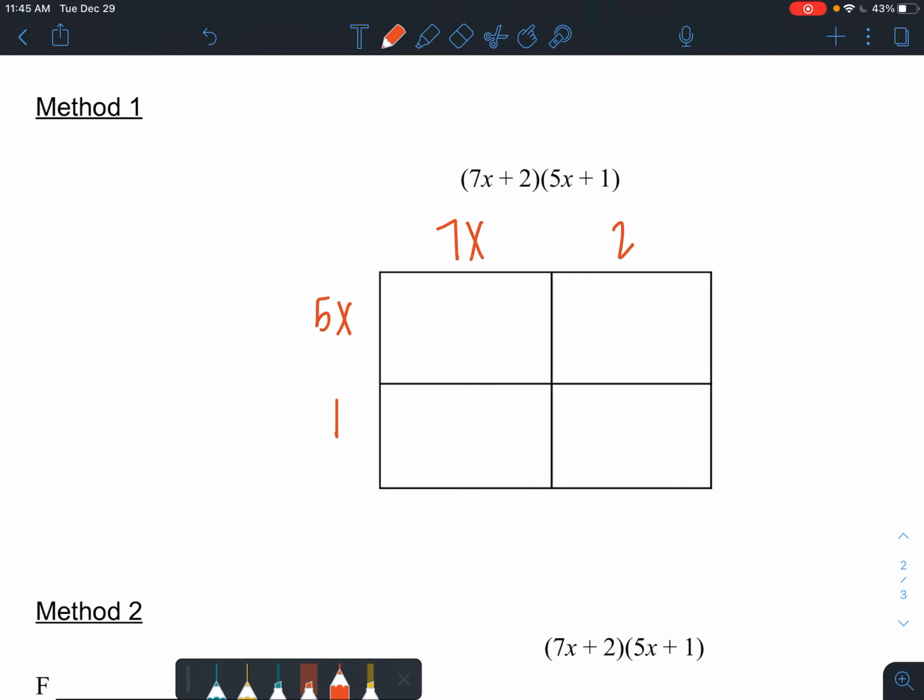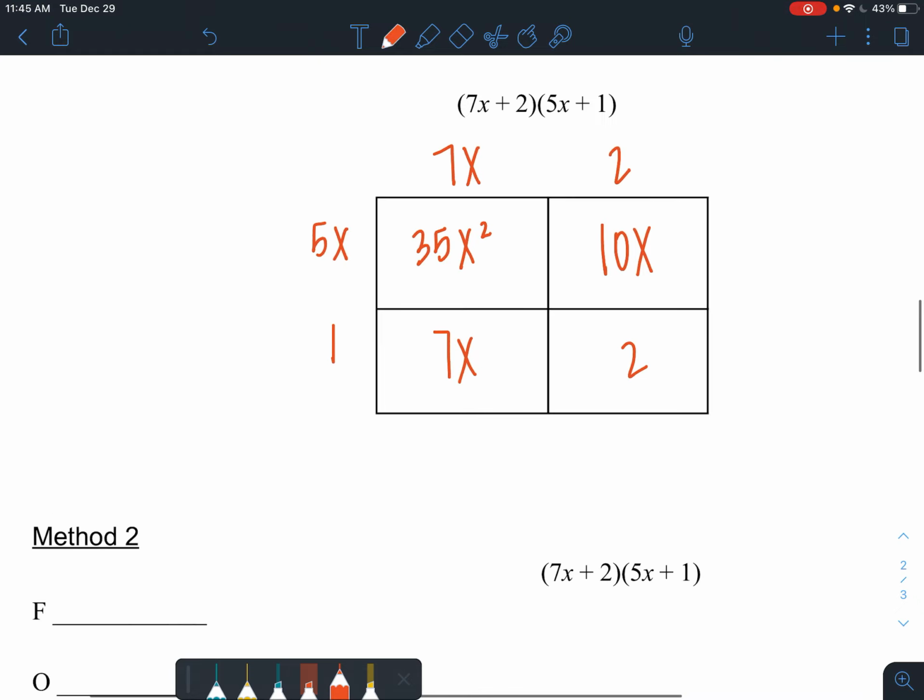So 5x times 7x gives me 35x squared. 2 times 5x gives me 10x. 7x times 1 gives me 7x. And 2 times 1 gives me 2. Then I'm going to add all these together.